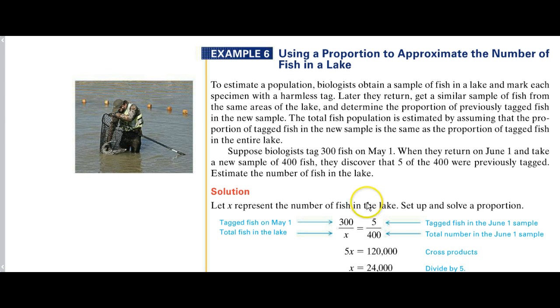And you did that by developing a proportion. Now you're getting 3 sets of numbers, and you say, well, where do I put them? And again, it's tagged to total population, tagged to total population. That's what sampling is.